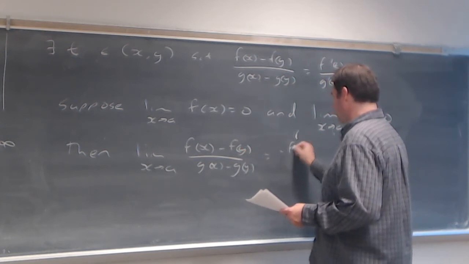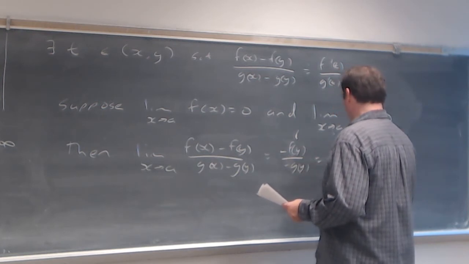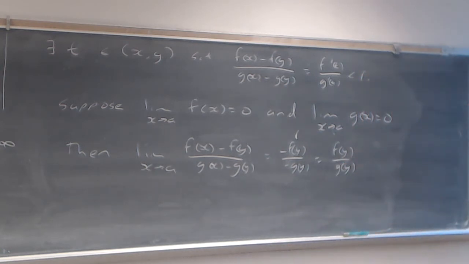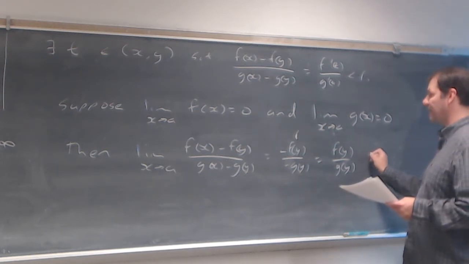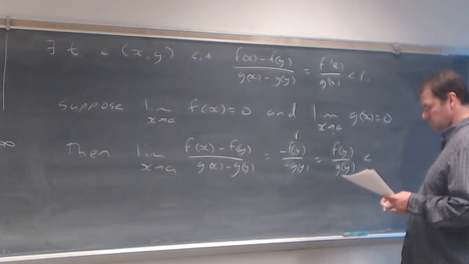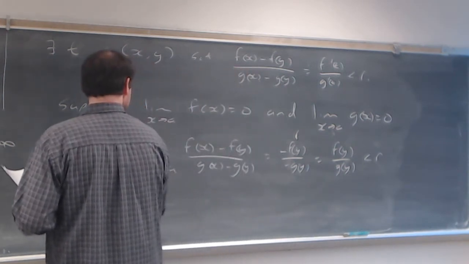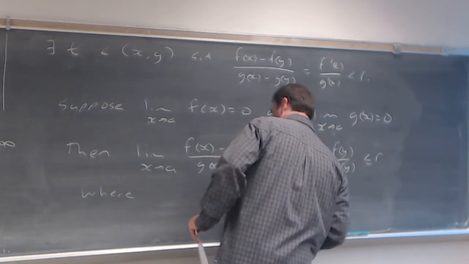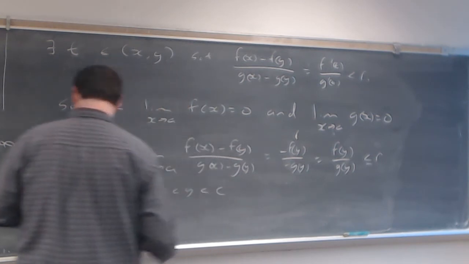So you get minus f of y over minus g of y, which equals f of y over g of y. Now this is going to have to be less than or equal to r, where we have a less than y less than c.